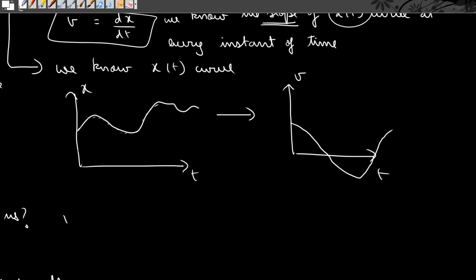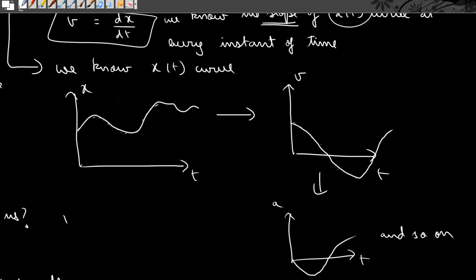Okay, and from this we can in turn get the at curve by just differentiating this curve at every point, and that will lead to some curve like this, and so on.